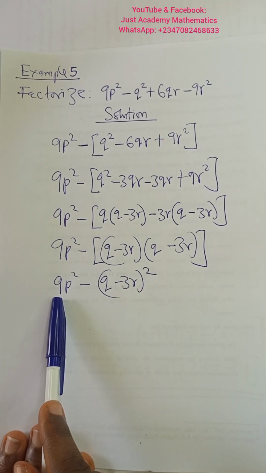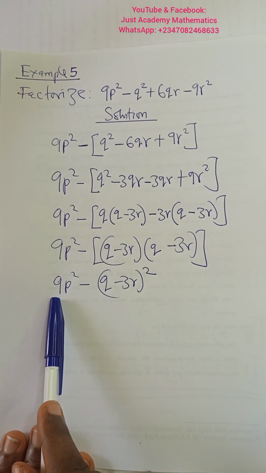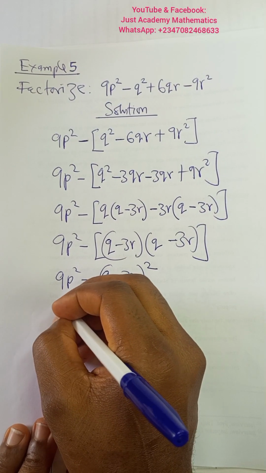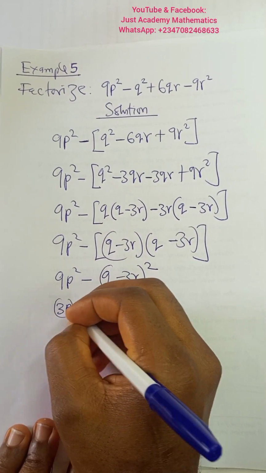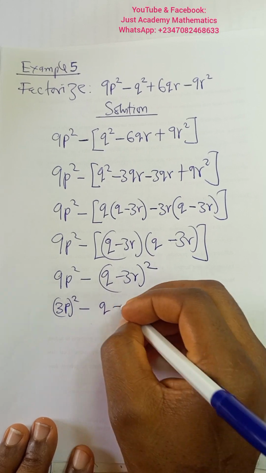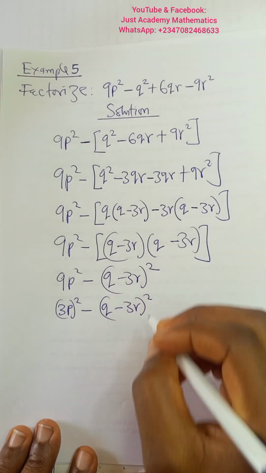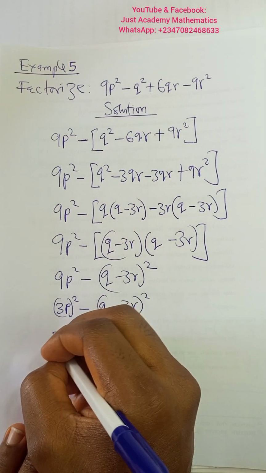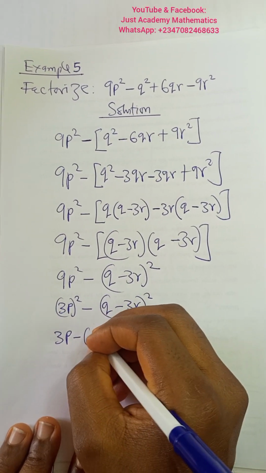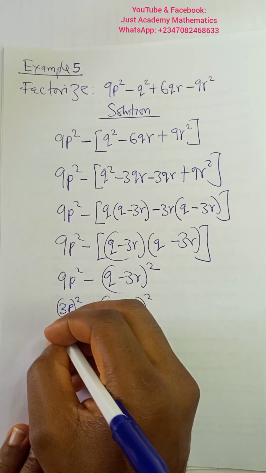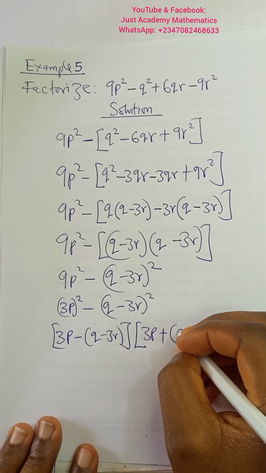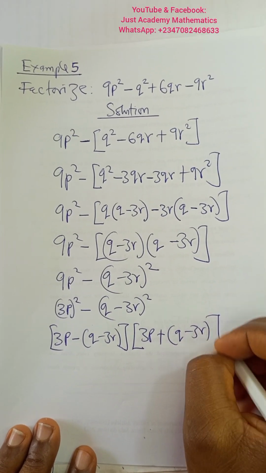But this time around, remember that this is 9. 9 means 3 square. If I may write it, I can write it as (3p) square minus (q minus 3r) square. So if you apply difference of 2 square here, you will now have (3p minus (q minus 3r)) times (3p plus (q minus 3r)).